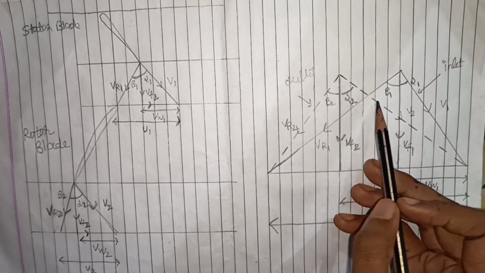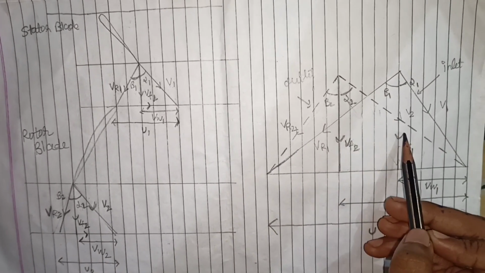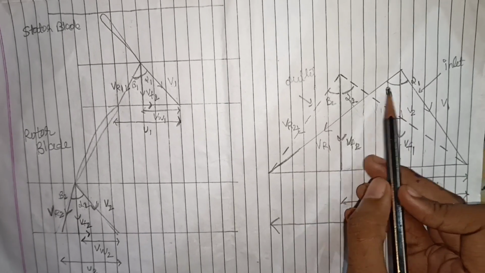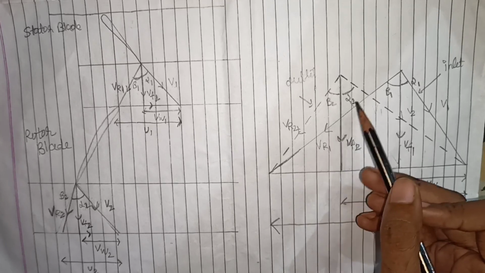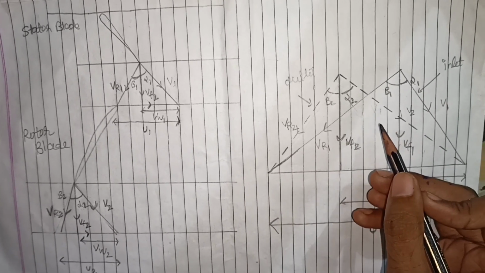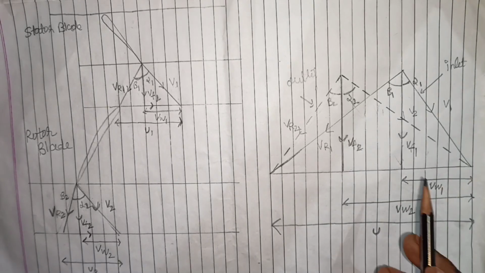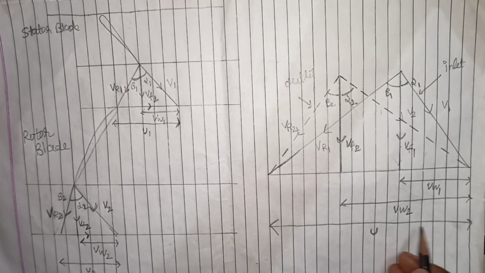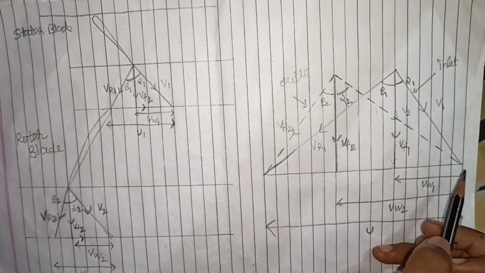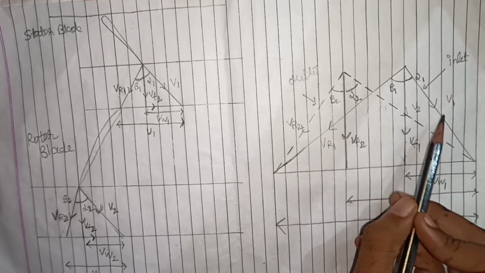Now I have drawn the diagram of the combined velocity triangle. Let us discuss. I have marked the outlet velocity triangle with a dashed line and the inlet velocity triangle with a simple line. Before drawing, we first draw u, the velocity of the blade, and then v1, the absolute velocity of the air.